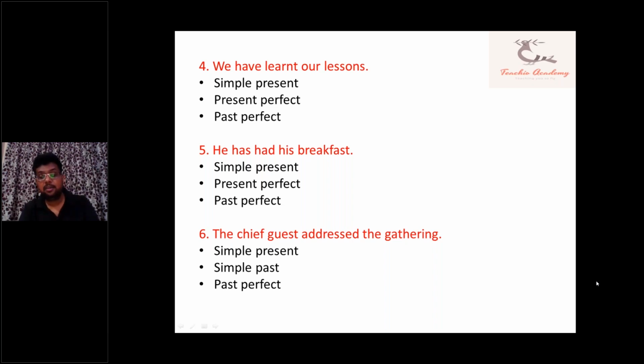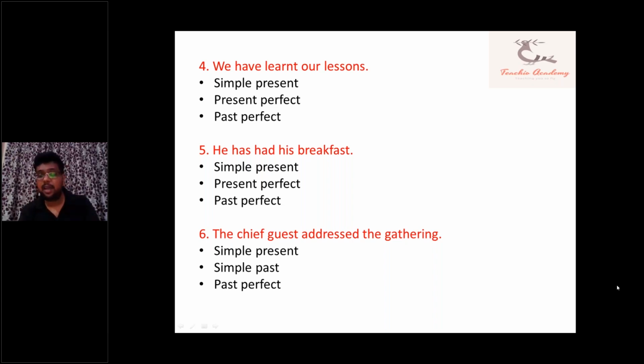To address is to relate. So the chief guest addressed the gathering. This is simple past tense. Shona, you are not getting things clearly. Again, the answer is wrong.